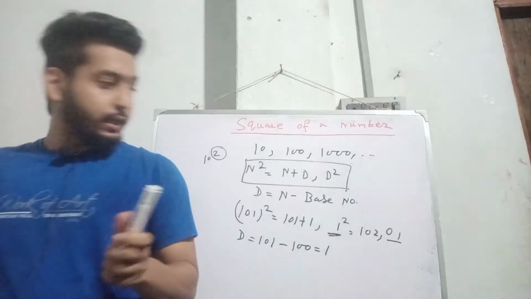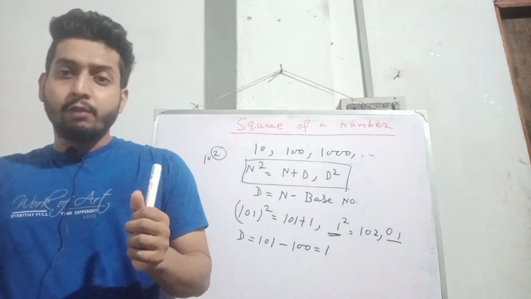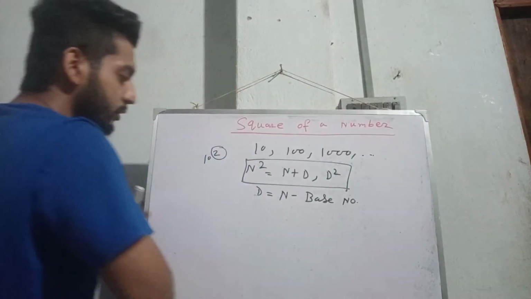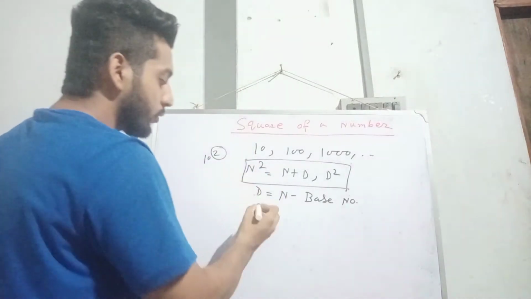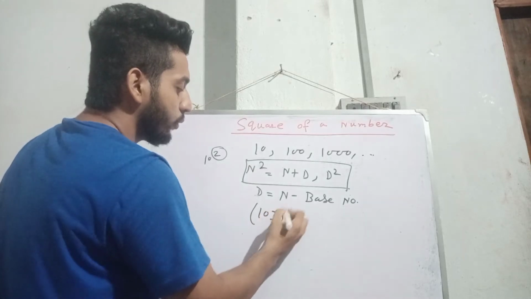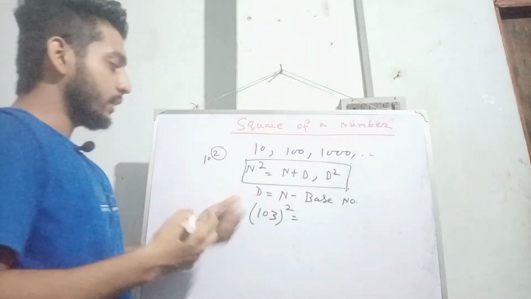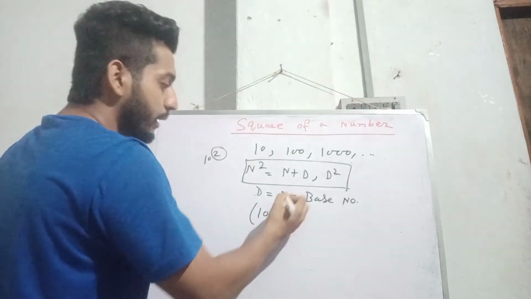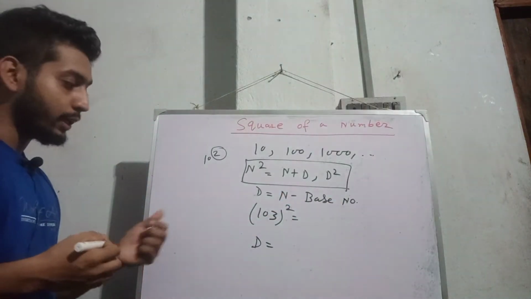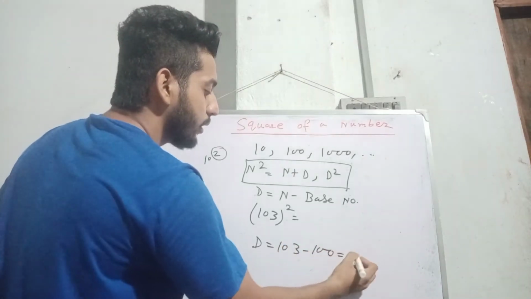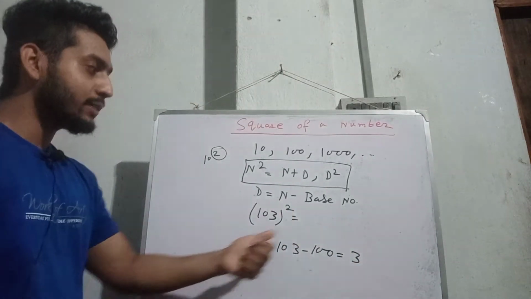Again, let us take another example. For example, find the square of the number 103. So how to find the square of 103? First we need to find D. So here D is n minus the base number. Here n is 103, so 103 minus the base number 100 will be 3. So here D is 3.